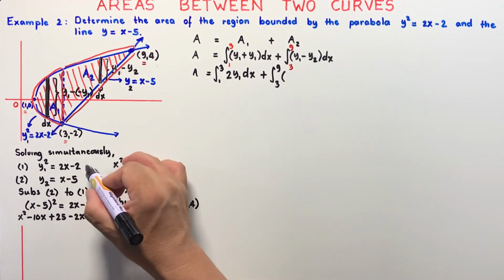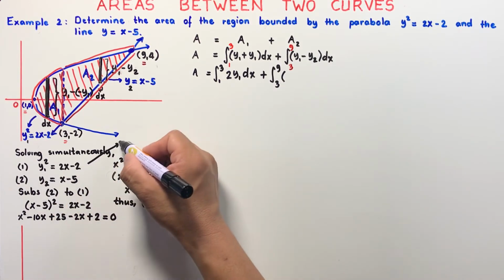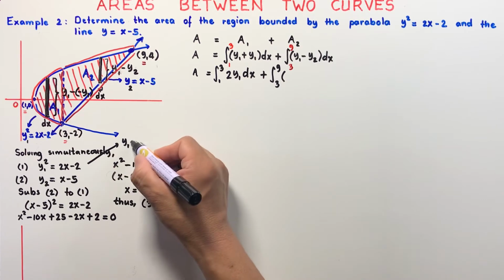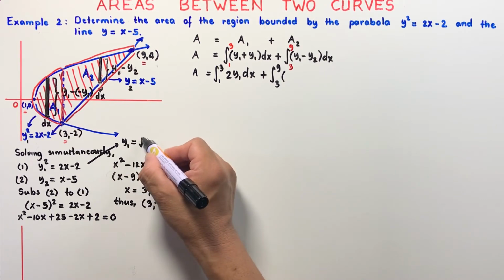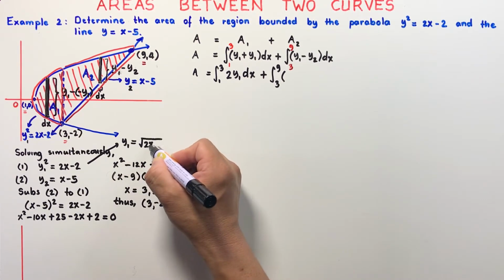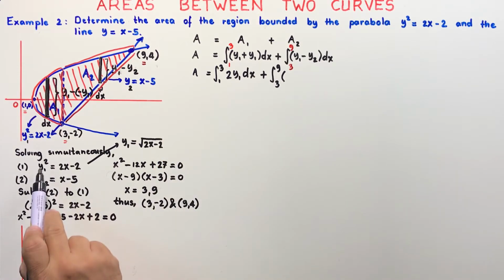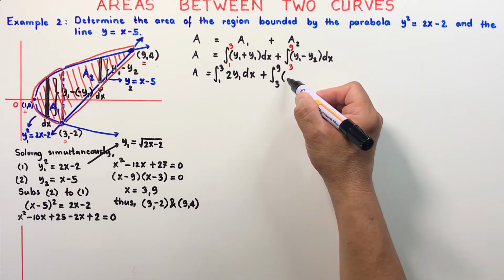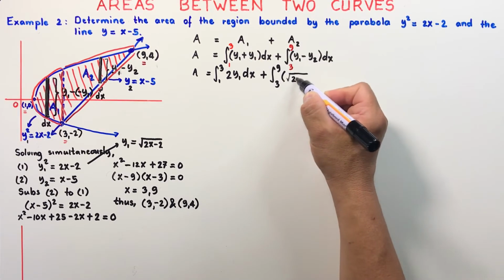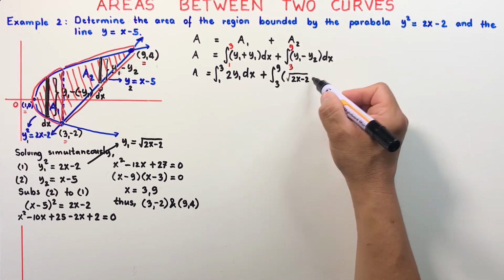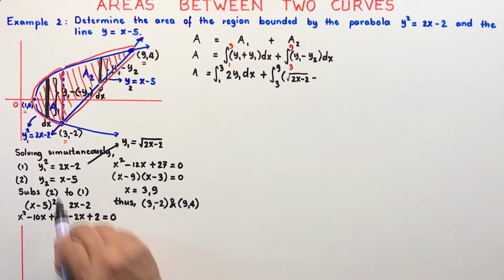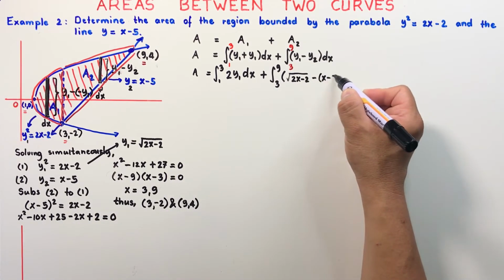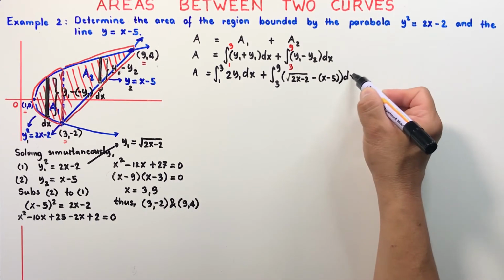So solving for the y sub 1, we have y sub 1 which is equal to the square root of 2x minus 2 if you take square roots of both sides in order to solve for y. So we have the square root of 2x minus 2 minus y sub 2, which is x minus 5 there.